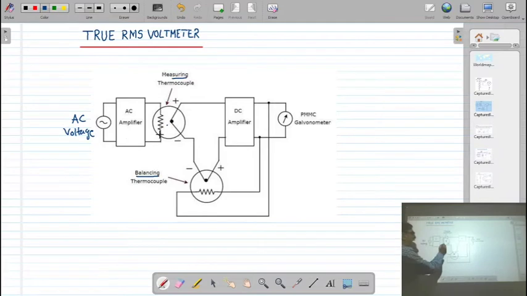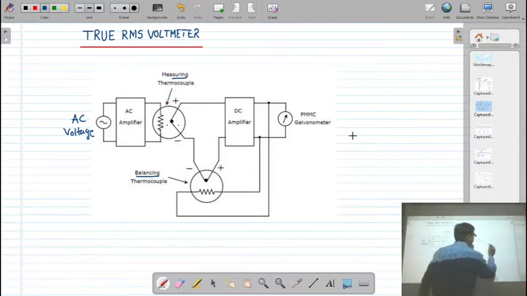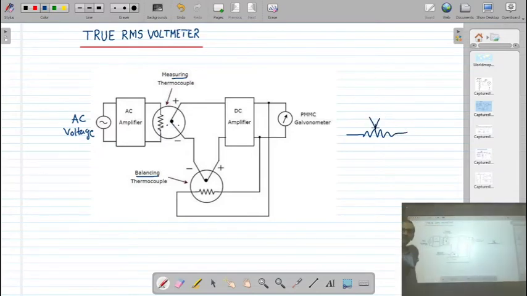The output of the amplifier is connected to a resistance. The value of this resistance will be very small, so that the power dissipation will be larger. Then we have an enclosure where the thermocouple and the resistance are placed. This thermocouple is connected to the resistance, with the thermocouple point exactly touching the body of the resistance, so that it can measure the temperature of the resistance.